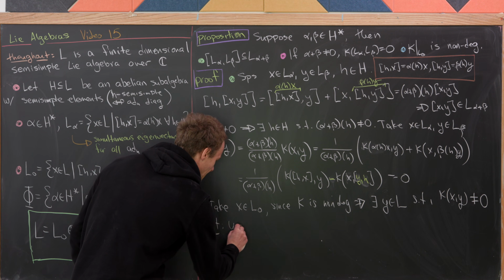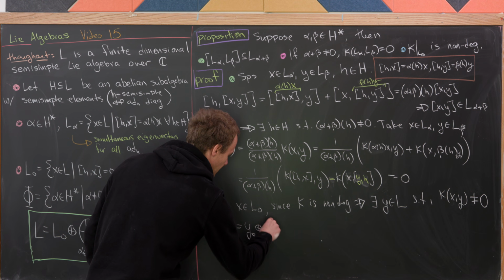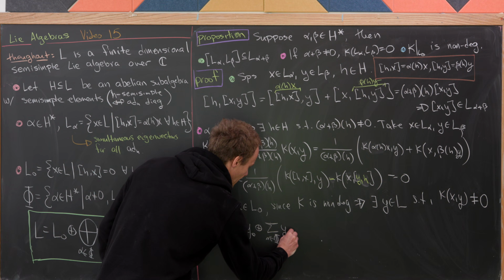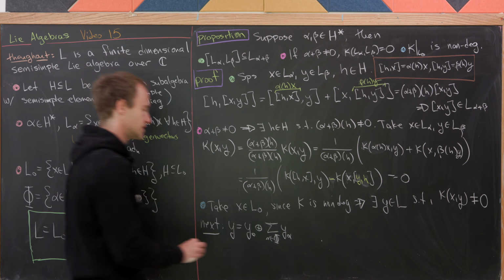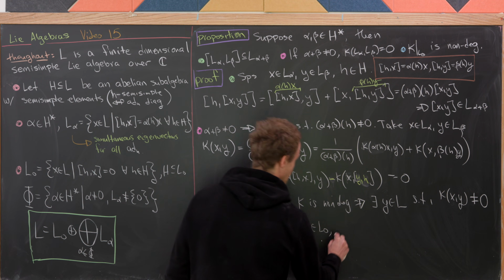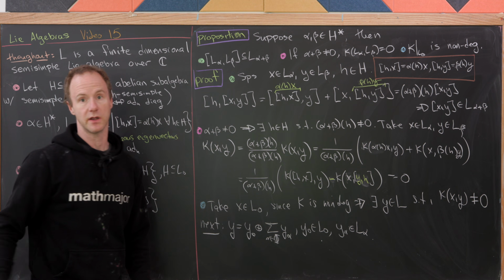Okay, so now next up, let's do the following. Let's write Y as Y naught plus the sum over all alpha in this phi of Y sub alpha, where we're using this result down here. So in other words, we have Y naught in L naught, and then we have Y alpha inside of L alpha. Okay, good.